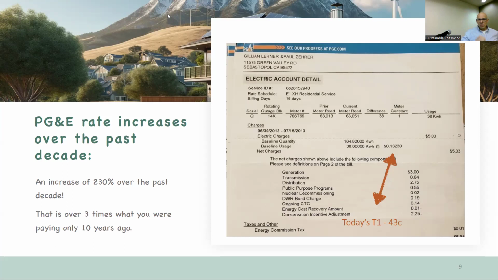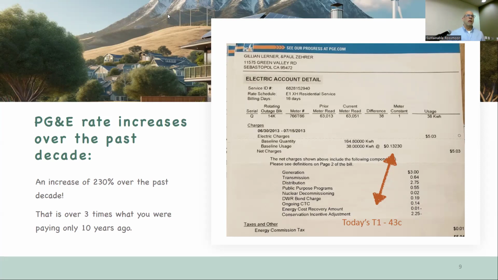And if you can see the arrow on the slide on her bill, this is an old bill. She was paying back in 2013, 13 cents per kilowatt hour. Does anyone here have an idea of what it is today? What's the average kilowatt hour in PG&E territory? 4 times that? 3.5, 4, yes.